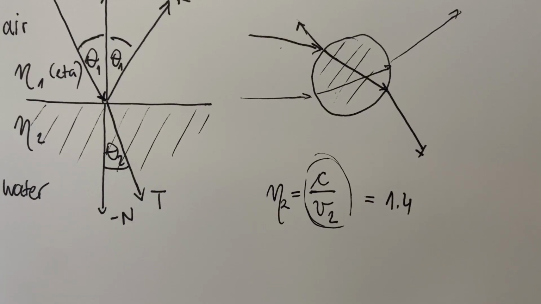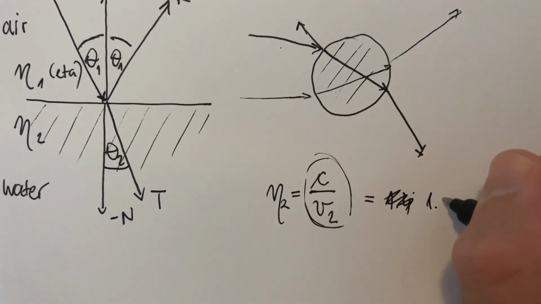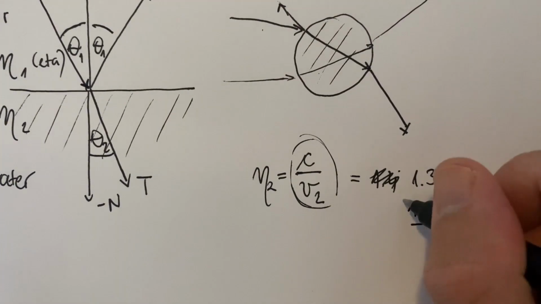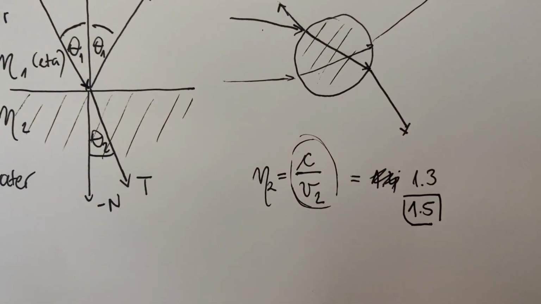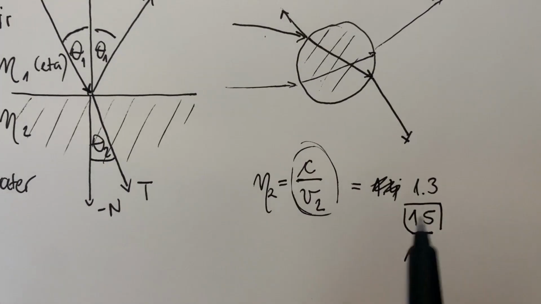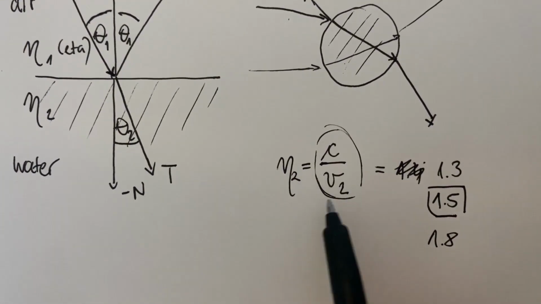I think I can find that online. Yeah, water is actually not 1.4, it's 1.3. Glass is 1.5, and we'll be using this one. Then you have diamond, for example, that's 1.8, and so on. Each material has a different refraction index eta.